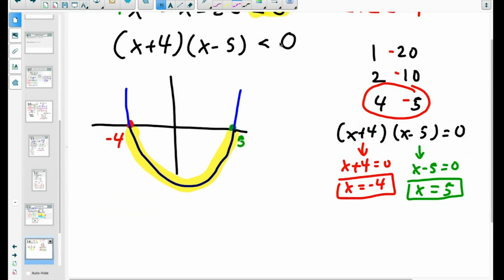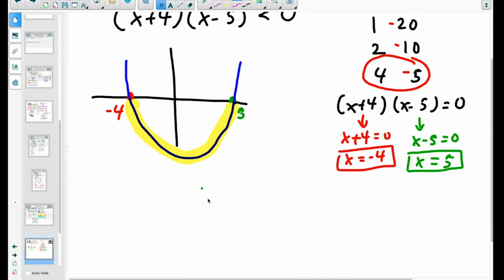So to write that as our answer, x has to be greater than negative 4, which covers all your x values towards the right. I know it's confusing because we're saying when will our y values be negative. Our y values will be negative when our x values are greater than negative 4, but at the same time, your x values also have to be less than positive 5.